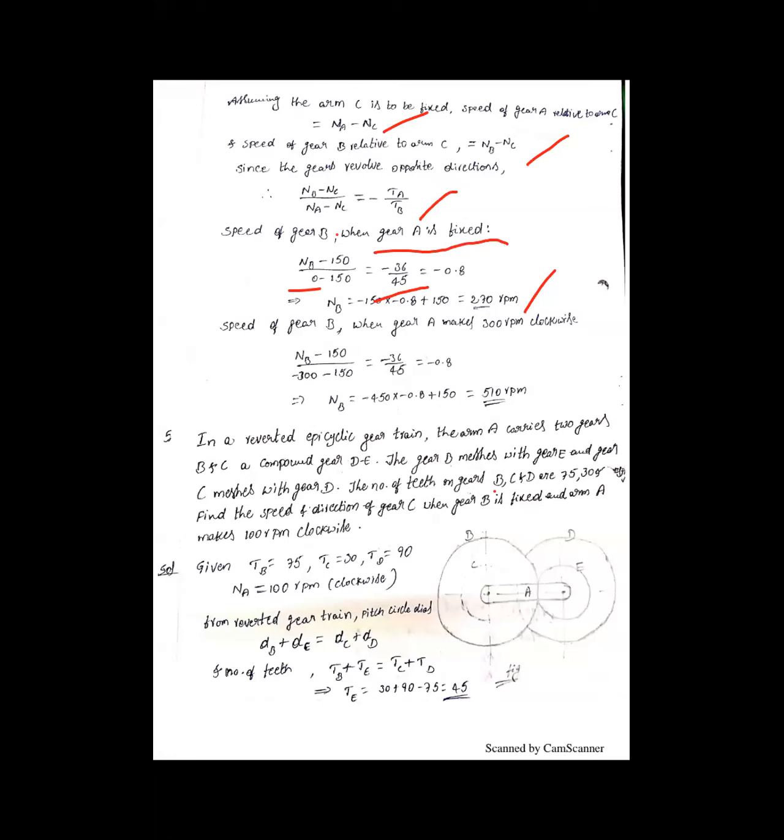Similarly, gear A is also making 300 RPM clockwise. So we substitute for gear A: NB minus 150 by minus 300. Why? Because clockwise rotation is there, and clockwise means the negative sign represents it. Minus 300 minus 150 equals minus 36 by 45.